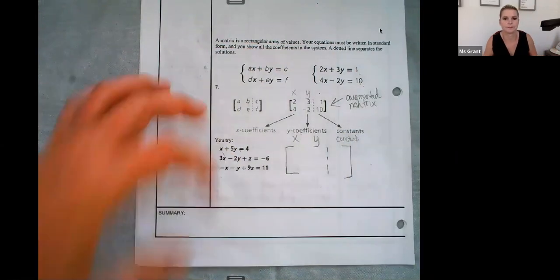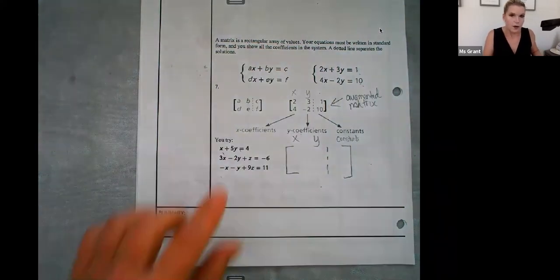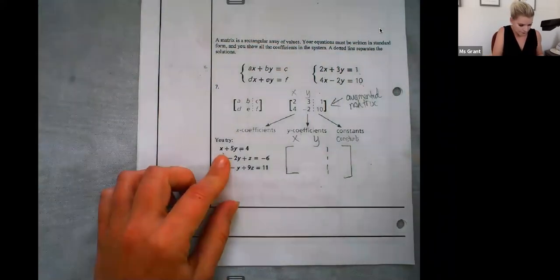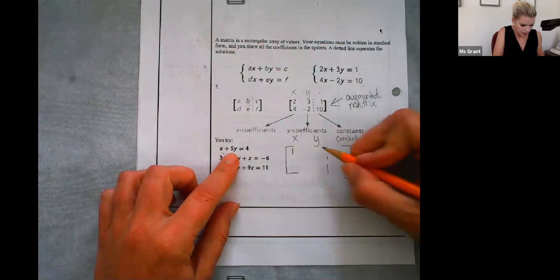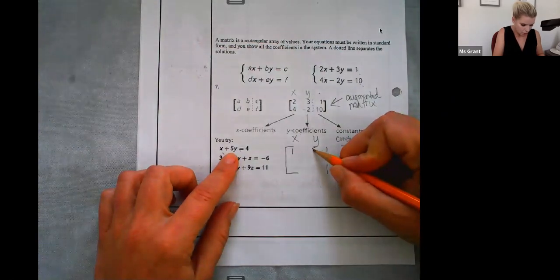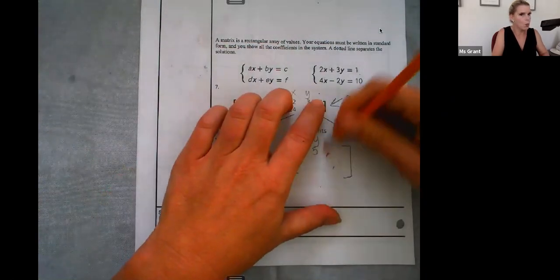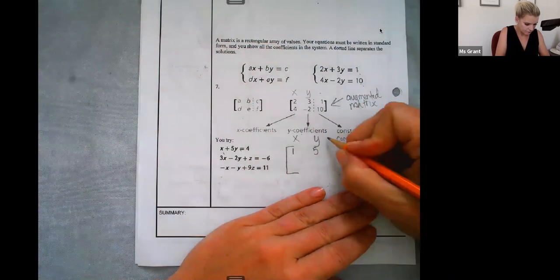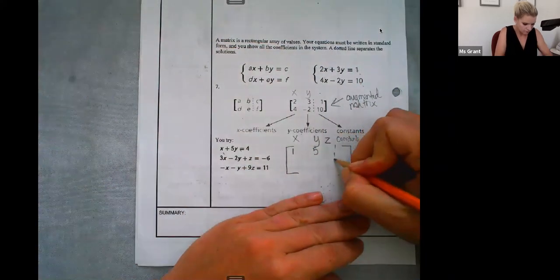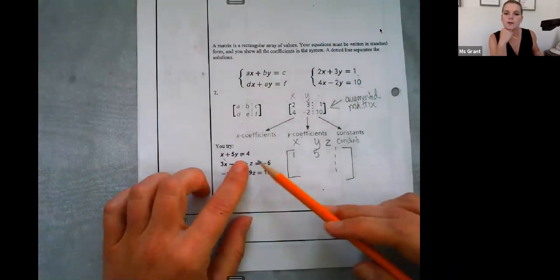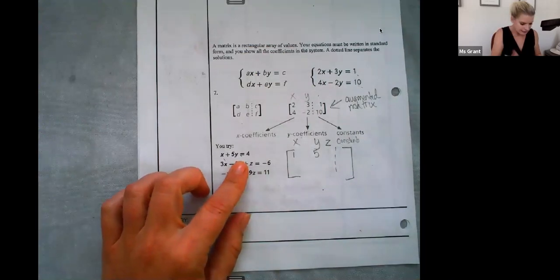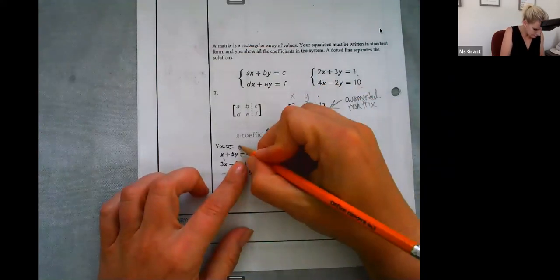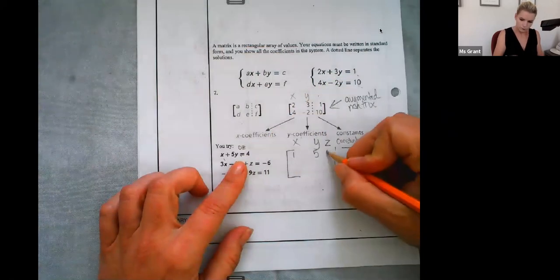Okay, ready? Coefficient of X, 1. Coefficient of Y, 5. Forgot Z. There is no Z. This would be like 0 times Z. Okay.